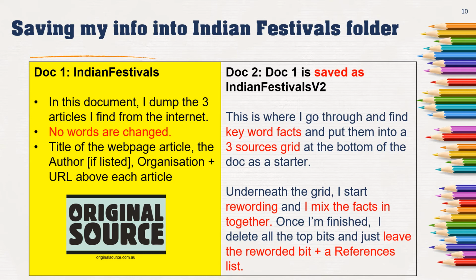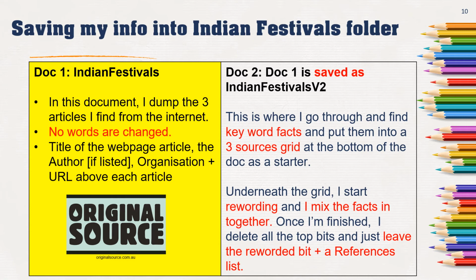Now, in Indian Festivals version 2, I go through and I color highlight the keyword facts in the 3 articles that I have found. And I put those facts into a 3 sources grid that I make at the bottom of the document.